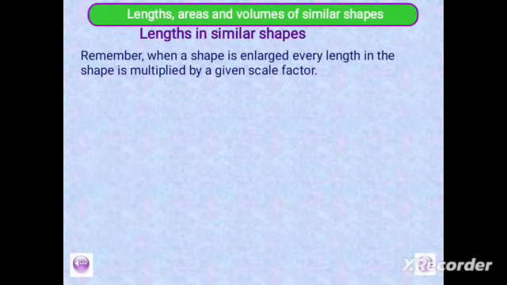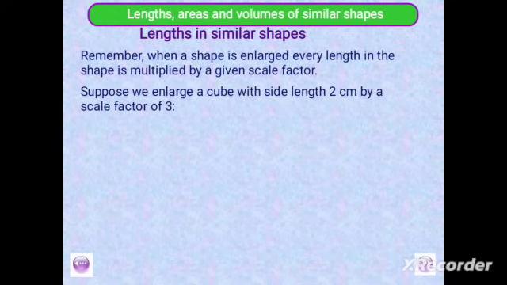Now, as we come to close our lesson, let's handle the last subtopic on the lengths, areas, and volumes of similar shapes. So we start with lengths in similar shapes, and we have that when a shape is enlarged, every length in the shape is multiplied by a given scale factor, and this is what we call the linear scale factor.